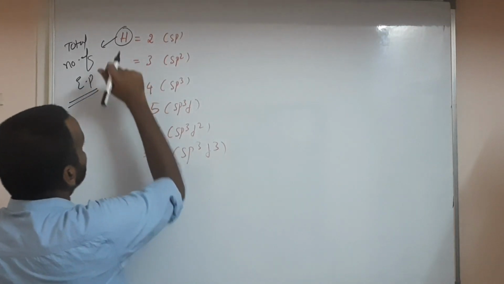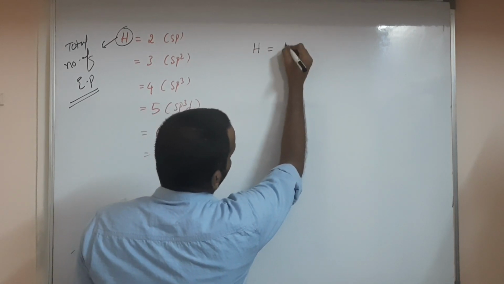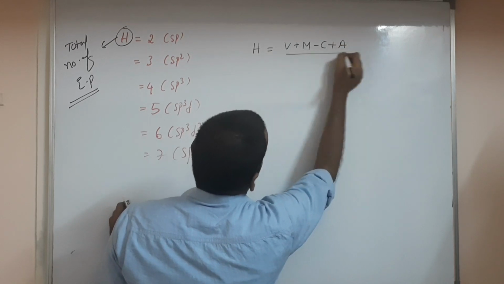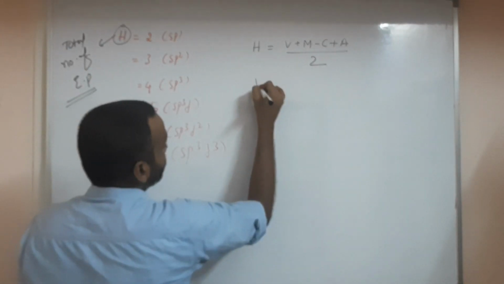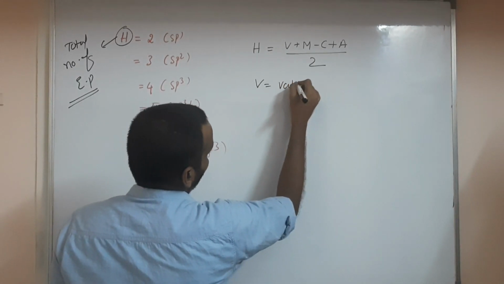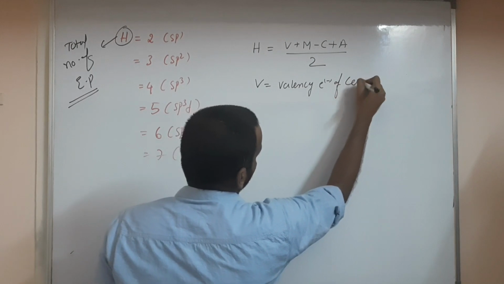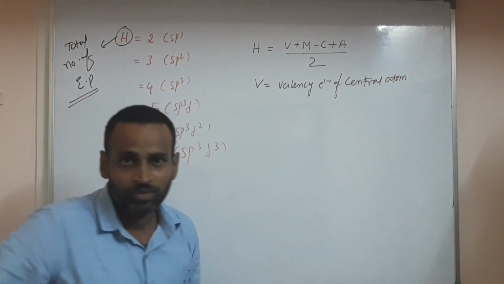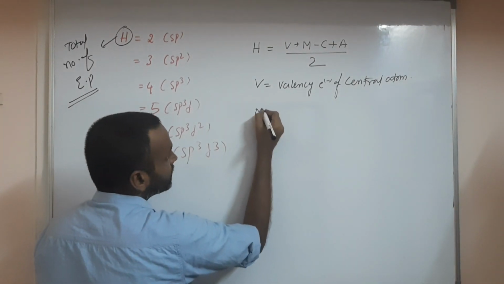Then how to get this H value? We have one formula: H = (V + M - C + A) / 2. This is the hybridization formula. What is V? V is the valence electrons of the central atom. And what is M?